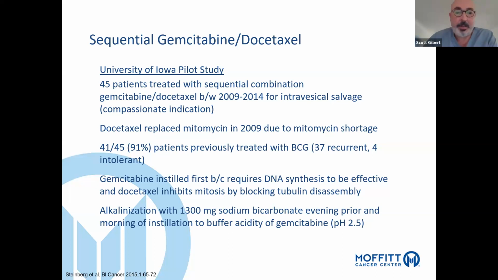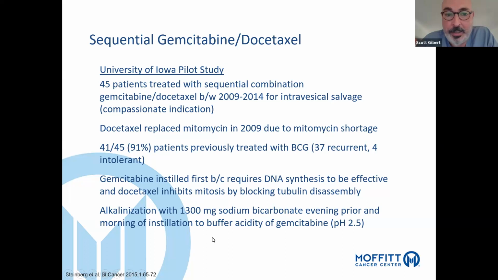And again, to that point I made earlier, alkalinization with 1,300 milligrams of, we've actually upped this, so 1,300 milligrams of sodium bicarbonate every evening prior to and the morning of the instillation. So that's roughly 2 tablets of sodium bicarbonate, which is part of the standard protocols.